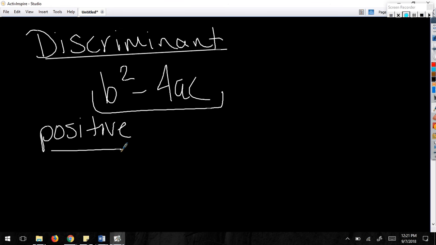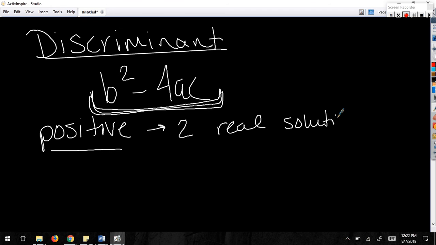If you take the square root of a positive number, how many answers do you get? 2, right? Square root of 25 is plus or minus 5. So you can literally just use this part to go, well, if that part's positive, then I know my answer is going to have 2 real solutions. I don't know what those solutions are, but I know it's going to be 2 real solutions.